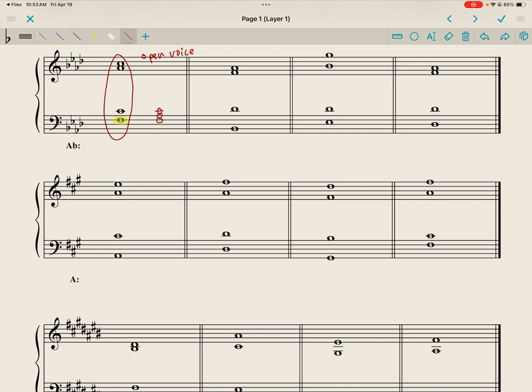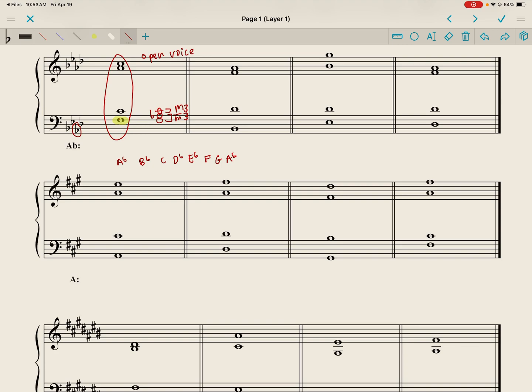So you have F, A, and C, right? And if we think about the key of A flat, you have A flat, B flat, C, D flat, E flat, F, G, and A flat, right? Those are my notes in the key. And I clearly have an F minor triad. Between F and A flat is a minor third. Between A flat and C is a major third. I need to make sure that my accidentals transfer along, or else I get the wrong quality.